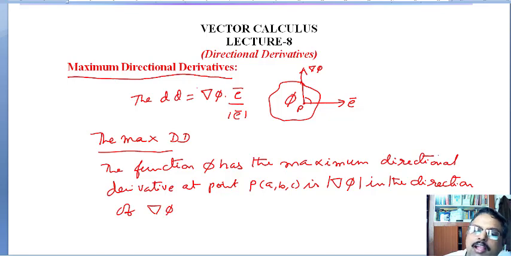So in the direction of del phi, this function has the maximum directional derivative.